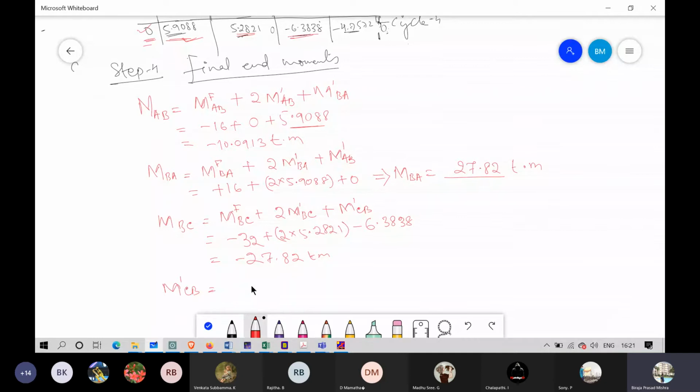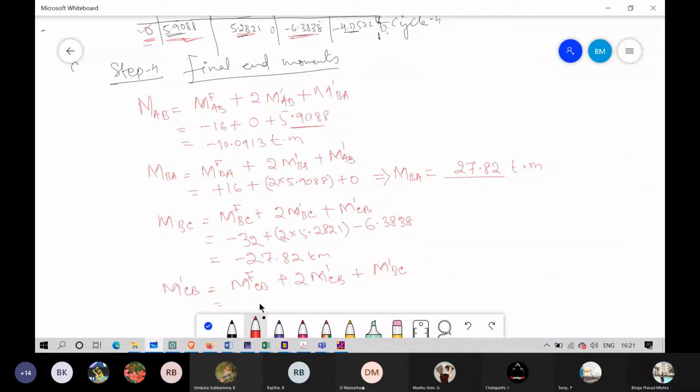Next one, MCB equals MFCB plus twice M dash CB plus M dash BC.